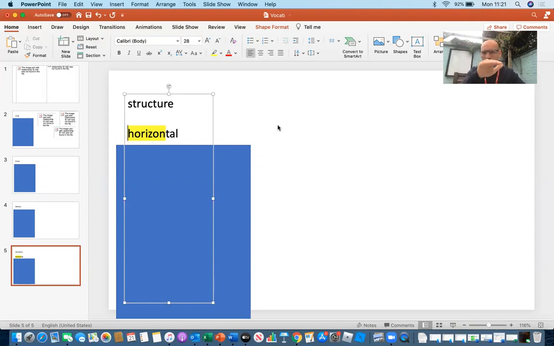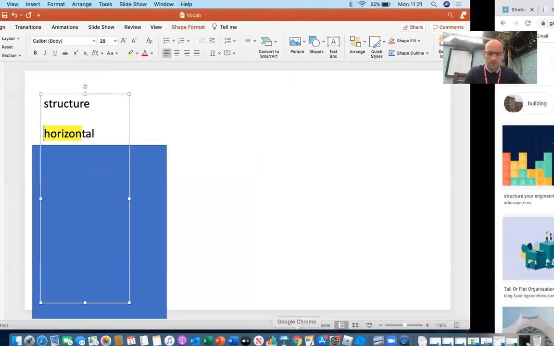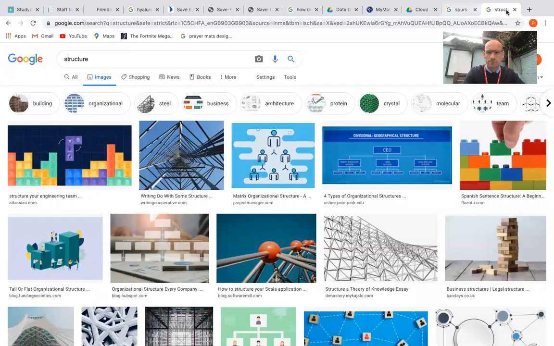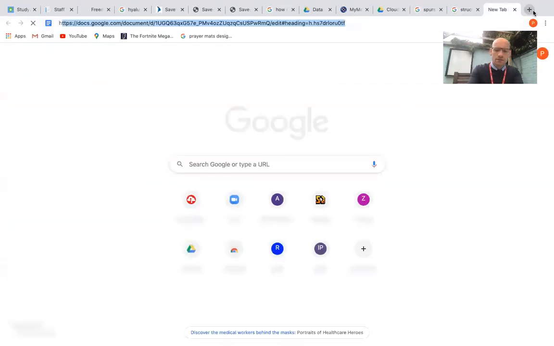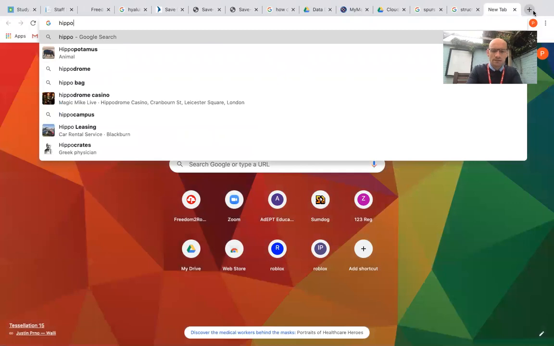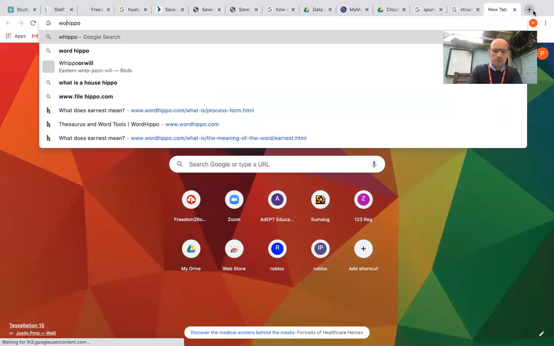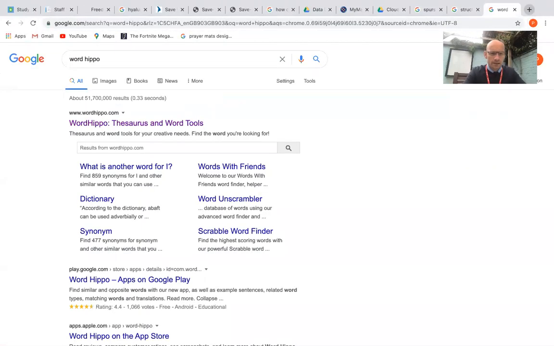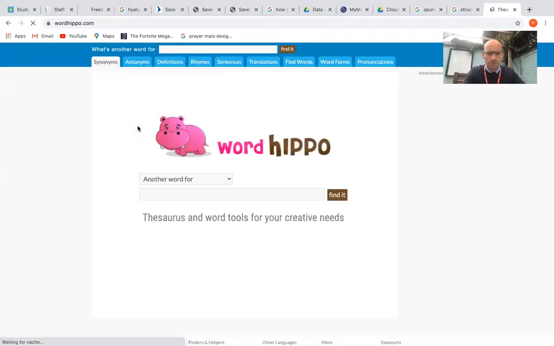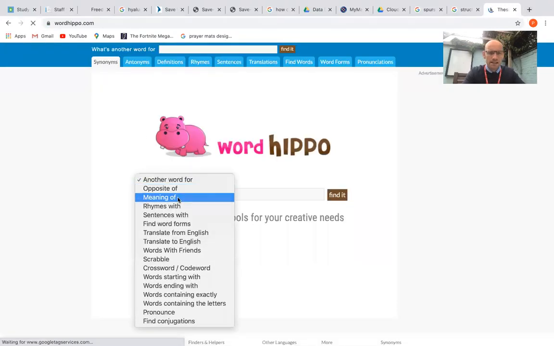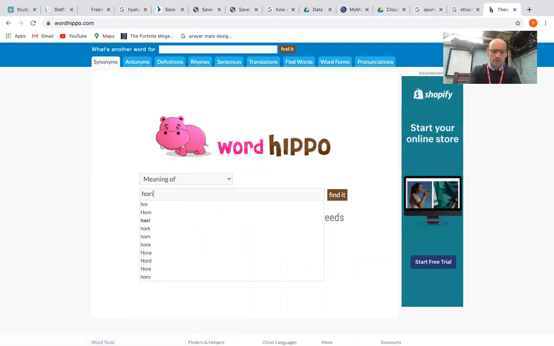So horizon and horizontal might mean that things are flat. And so I'm just going to this time check it on Word Hippo, just for the sake of variety, and just to show you again that Word Hippo is a very useful tool. So I'm going to look for the meaning of horizontal.